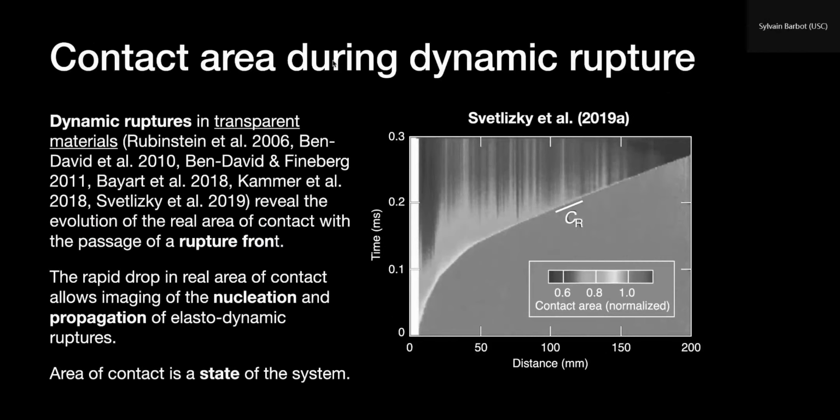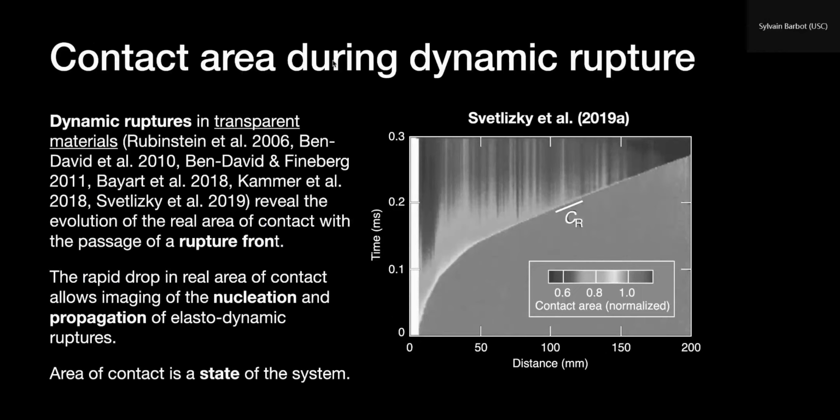And a typical result looks like this figure, where you have the distance along the interface of transparent material, and the y-axis is time, and you can see in color the evolution of the contact area. In reality, this is not the contact area. The true measurement is the intensity of light that is transmitted. But the fundamental assumption here is that light is proportional to the area of contact.